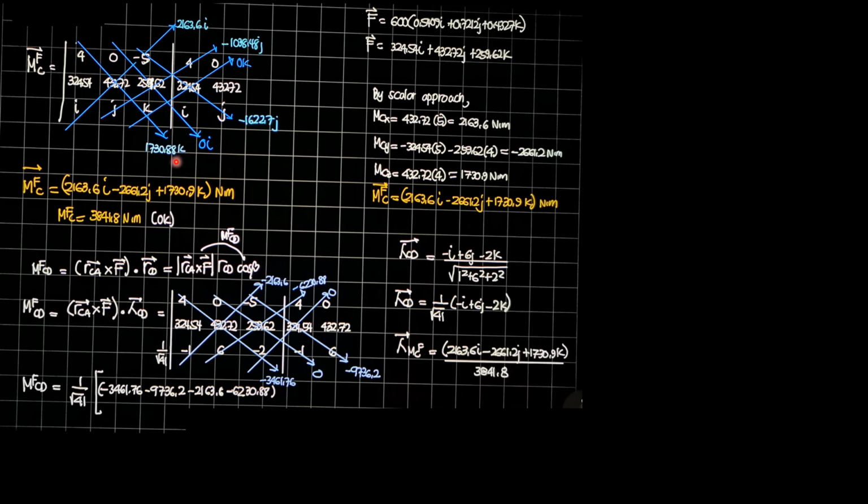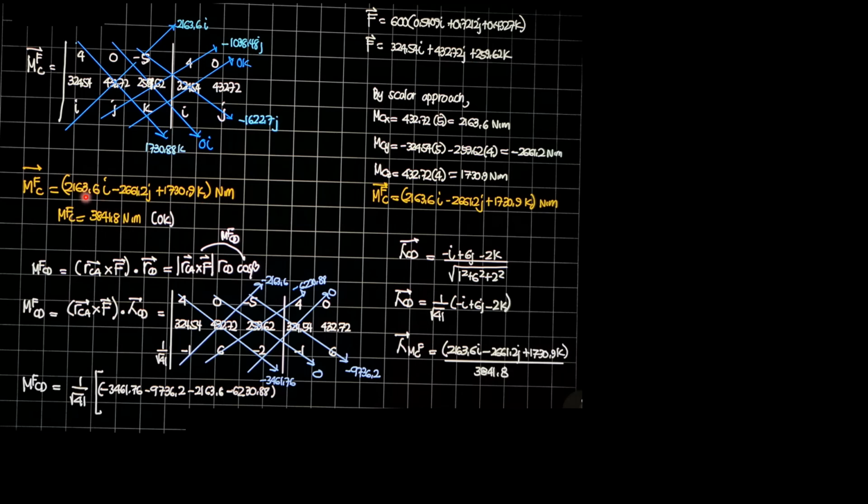Then for I: 0, then minus negative, so positive 2163.6 I. Then for J, that's negative 1622.7 J, then minus 259.62 times 4, negative 1038.48 J, combined negative 2661.2 J. Then for K, this is 4 times 42.72, 1730.88 K, then plus or minus 0 K, so 1730.88, which is rounded off to 1730.9 K Newton meter. So in vector form, that's the answer.